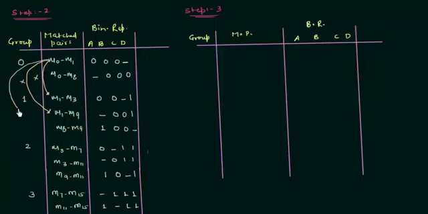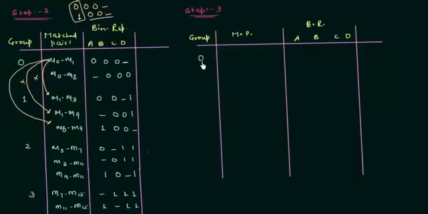We will compare M0 M1 with M8 M9. So 0 0 0 underscore, M8 M9 is 1 0 0 underscore, and you can see we have only one variable changing, that is A. The rest of the variables are same.